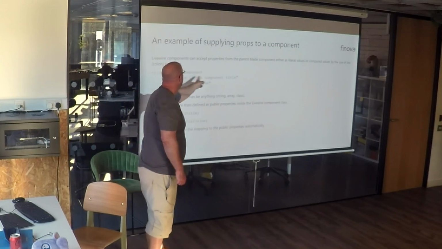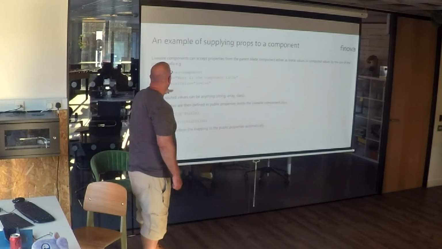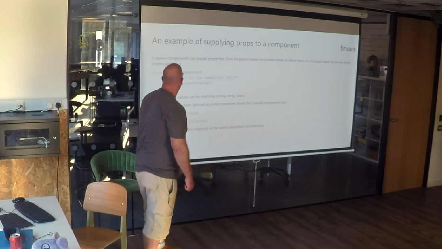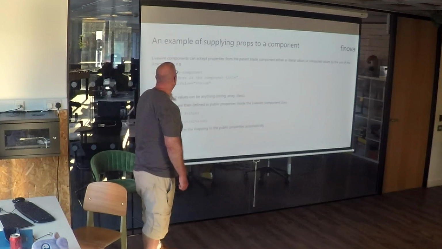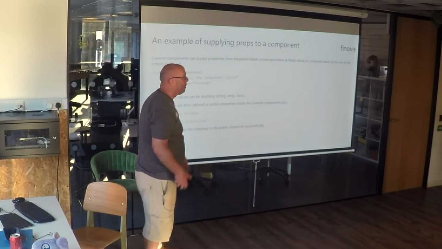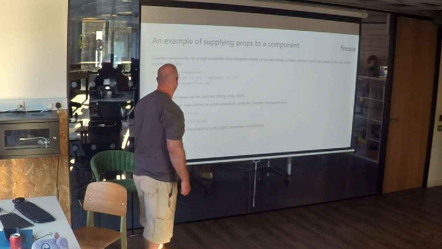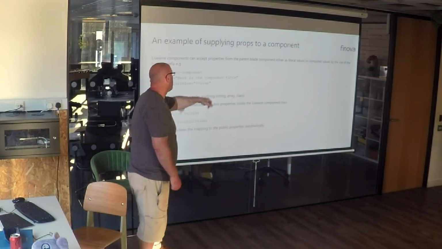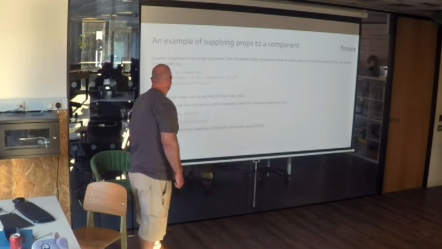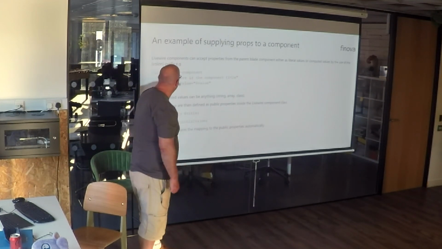Title is equal to that, and colon, initial value, equals that. So if you don't supply a colon, that is a literal, but if you do supply a colon, then that is actually a PHP expression. Okay? They can be anything, and then the properties are defined within the Livewire component class, and they're set just by being passed in.